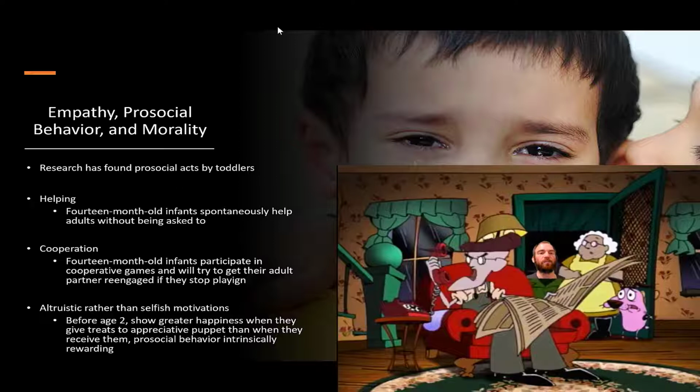And what the study has found, and some other studies as well, is that children at age 2 demonstrate higher levels of happiness when they provide treats to this appreciative puppet, rather than to themselves. So this suggests that these prosocial behaviors are representative of biological instincts as mammals or a very social species.